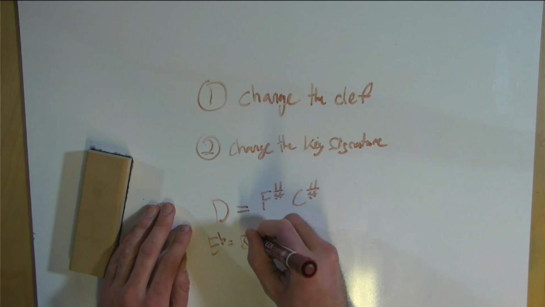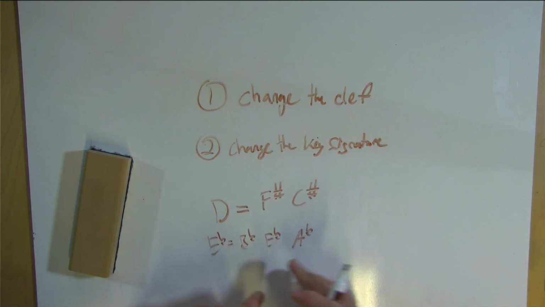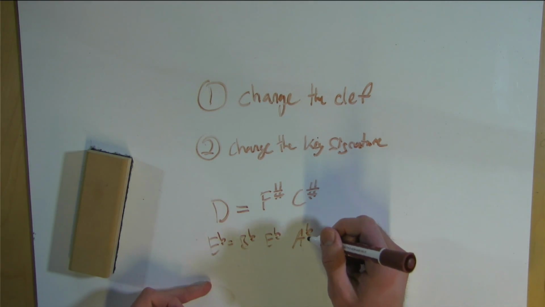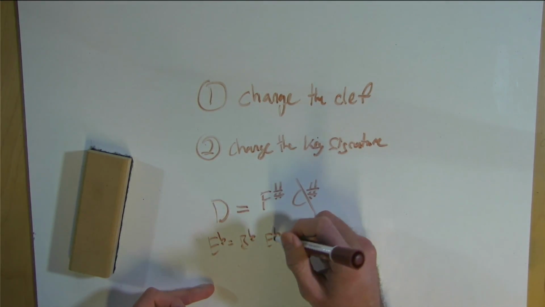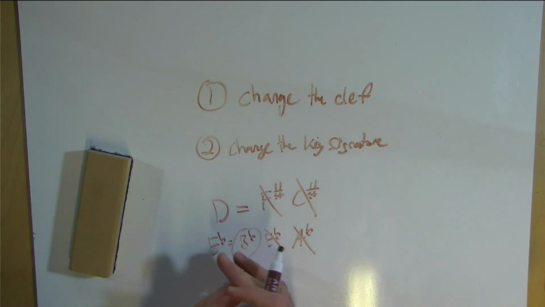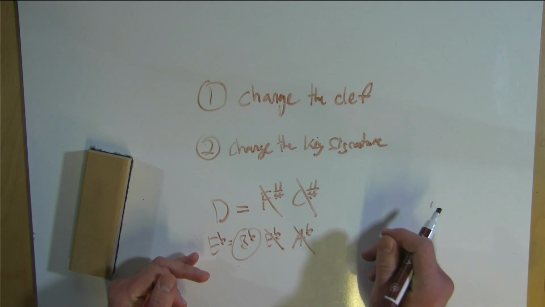It has B flat, E flat, and A flat. So when you add these 3 flats to this, you basically are subtracting 1. So remove that, remove that, remove that, remove that, and then add that. So you end up reading the part in the key of F.